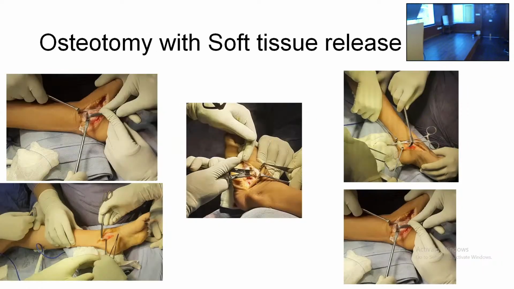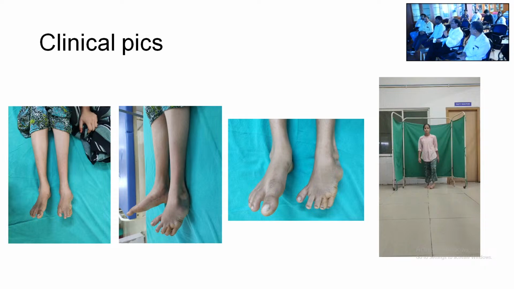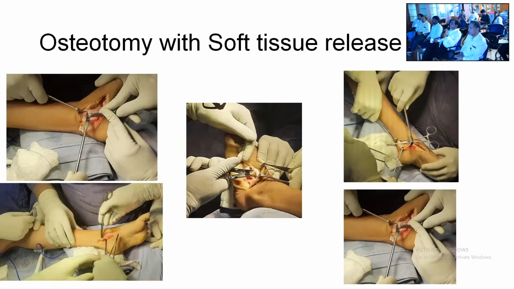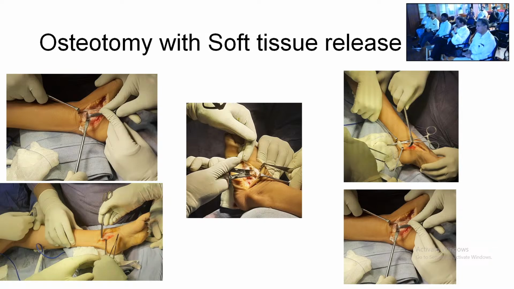This is your examination case? Yes. How far was the deformity correctable passively? Any deformity, you should see whether it's fixed, correctable, or partially correctable. Then only will you have an idea of the treatment.